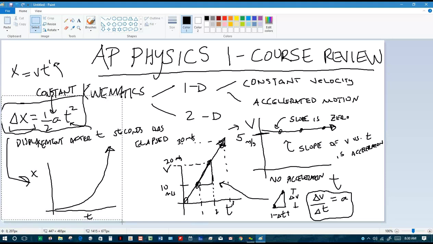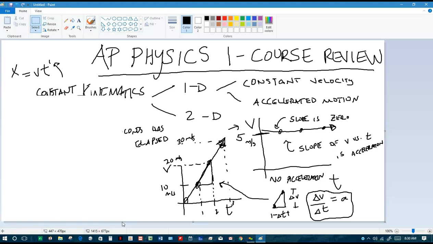The next thing is, what is the model for the velocity versus time graph? Because if you're accelerating at a constant rate, your speed increases the same amount each second, as shown on this velocity versus time graph right here. If we want a model for that, well, it's linear, y equals mx plus b.